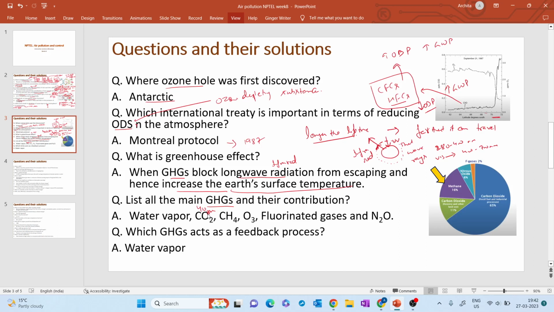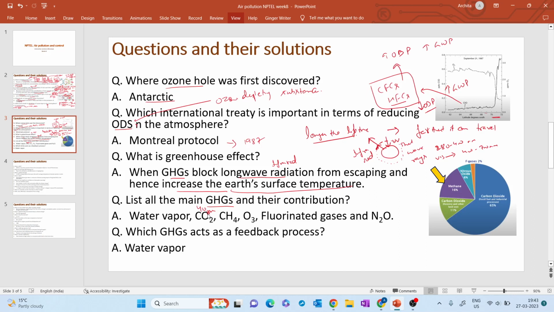Now if the balance changes, or let's say CO2 concentration is very high, methane is very high, ozone is very high, they are blocking a lot of infrared, and the more infrared they block, the more the temperature increases. So if the optimum surface temperature of Earth is, let's say, 30 or 35 degrees Celsius, now it is 40-45 degrees Celsius, because these gases are not allowing the infrared radiation to go away.